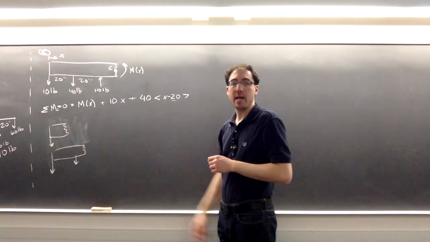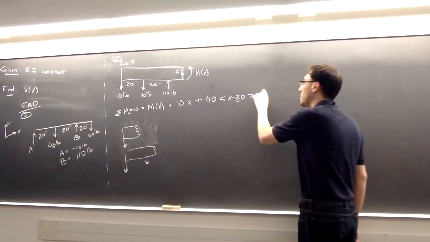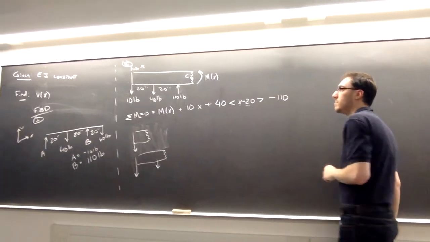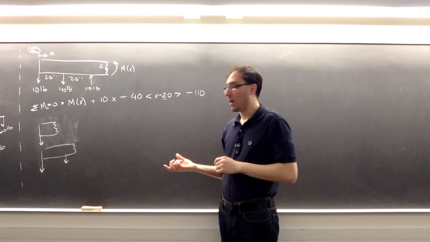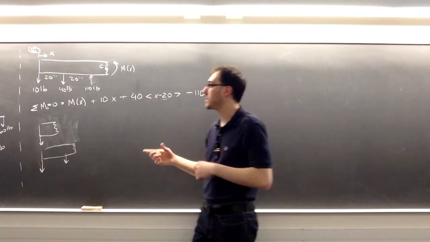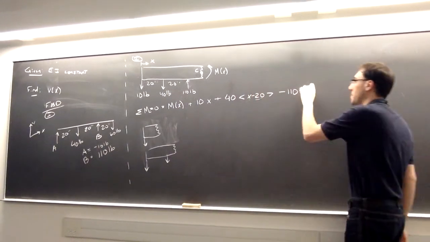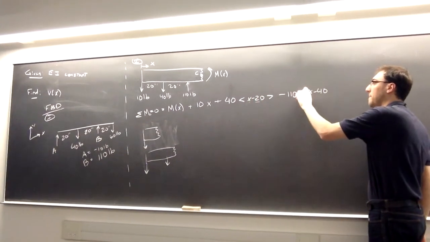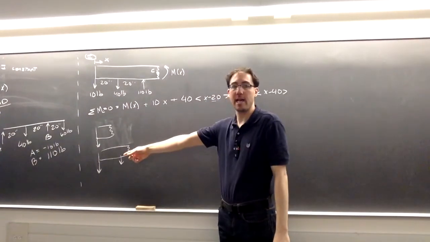And finally, I have a moment that's going to be due to the 110-pound load. It's going to be a negative moment around point C. Same idea as before. It has, well, I'm going to call this offset of 40 inches. So it's going to be x minus 40. But again, like in this picture, I can't see the 110-pound force.